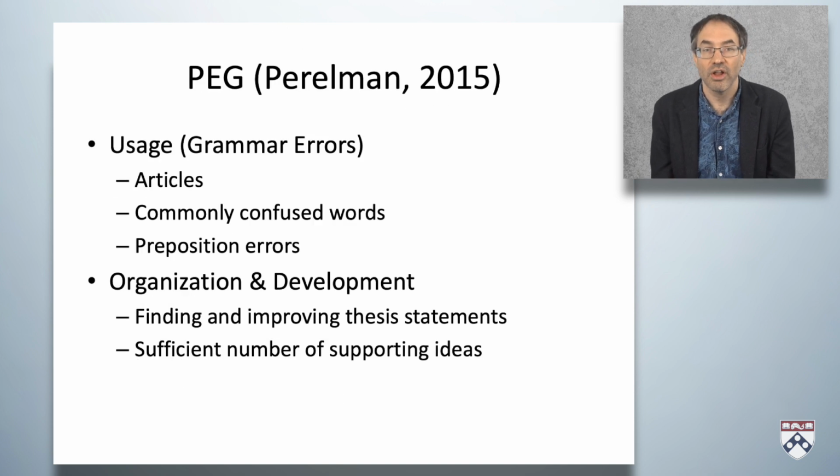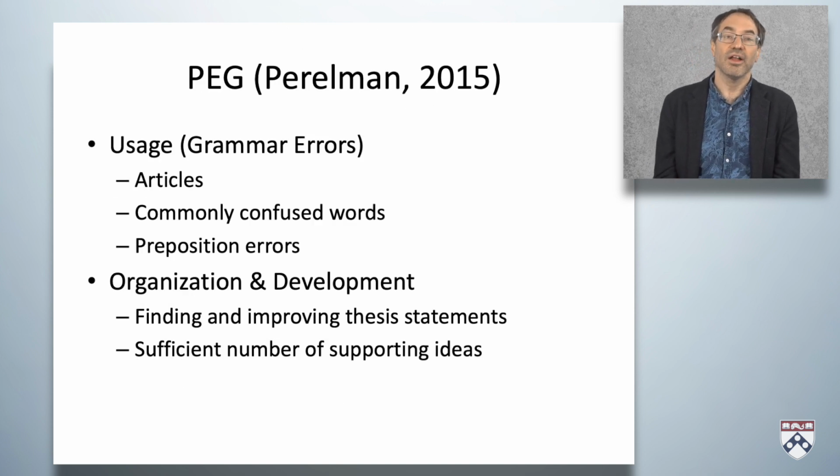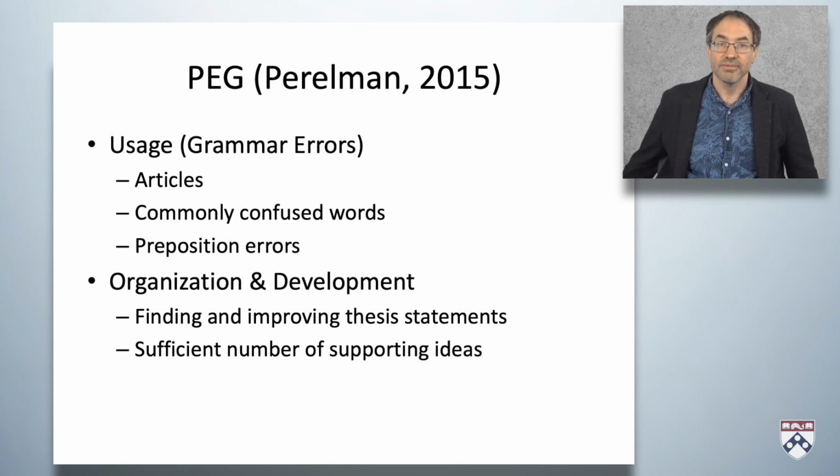Peg from Perlman and colleagues looked at usage including grammar errors, articles, commonly confused words, preposition errors, and also organization and development, finding and improving thesis statements, and having a sufficient number of supporting ideas.